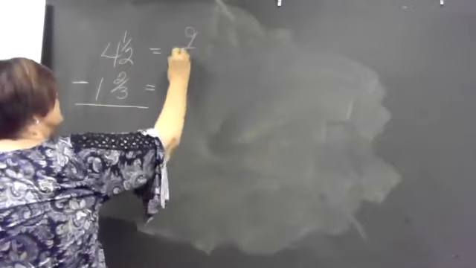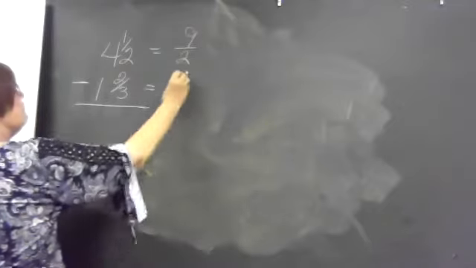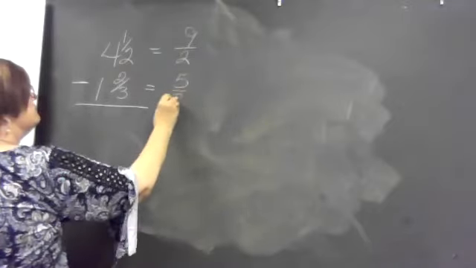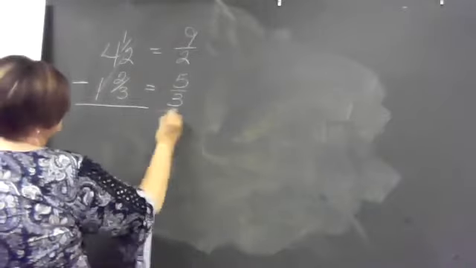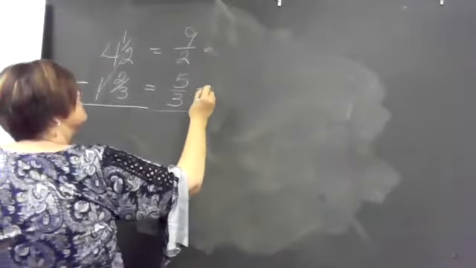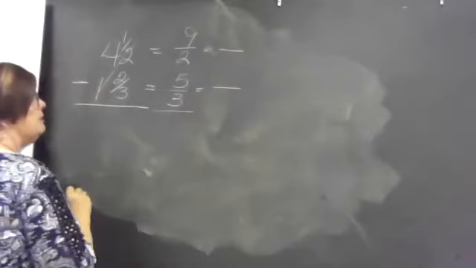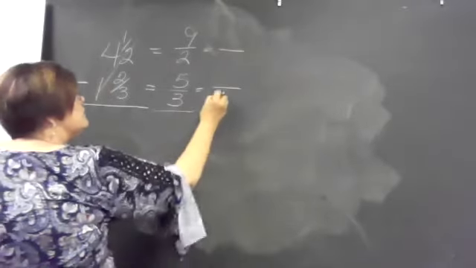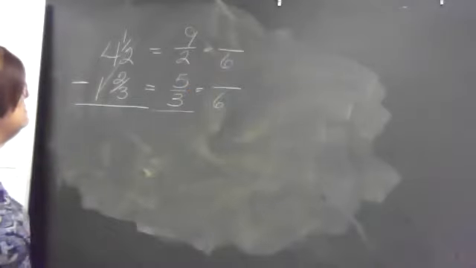This one is 5/3. Now we don't need this stuff. We don't have common denominators. So we've got a 2, which is prime, and a 3, which is prime. So the common denominator is going to be 6.